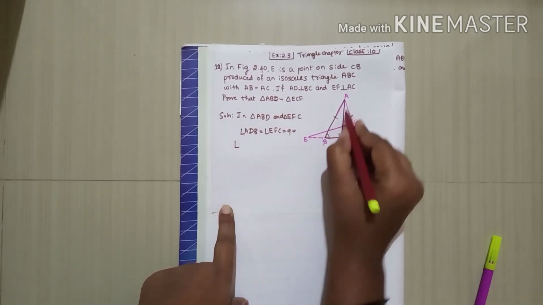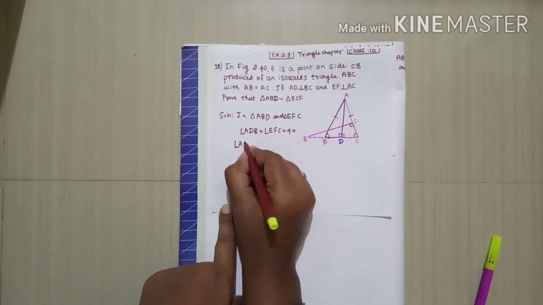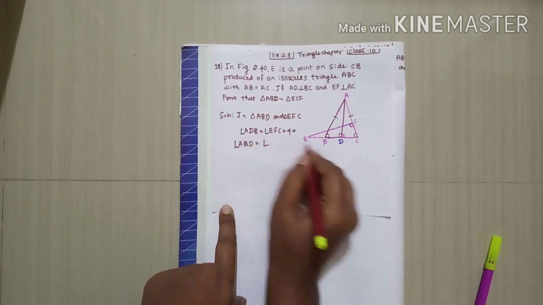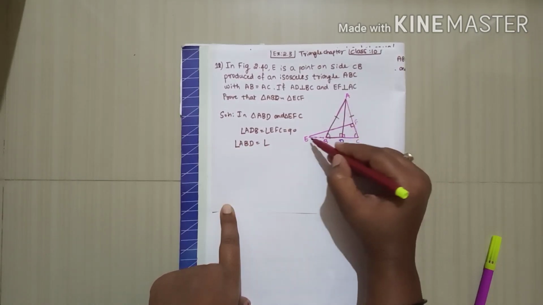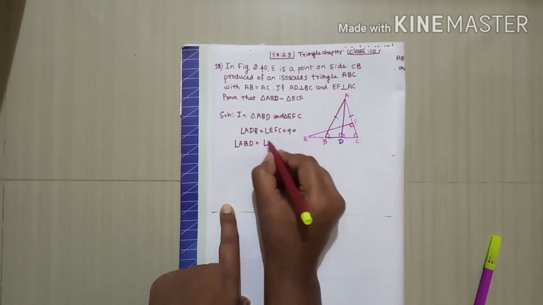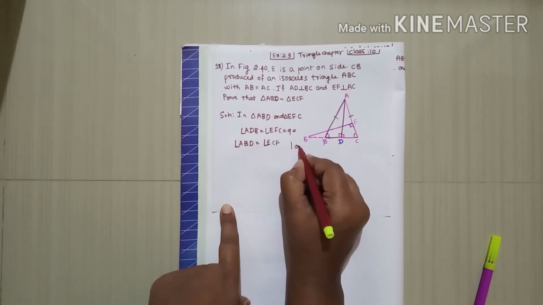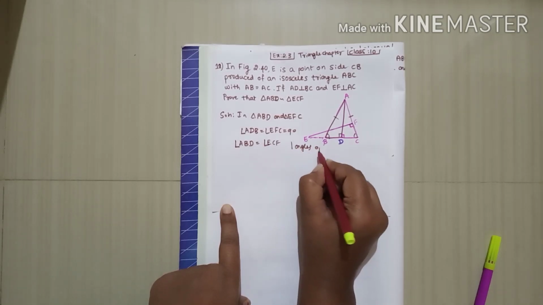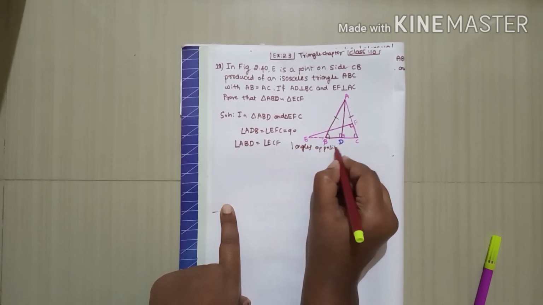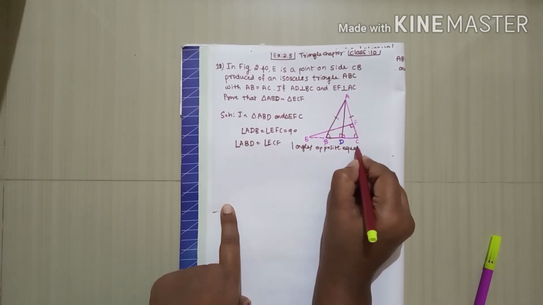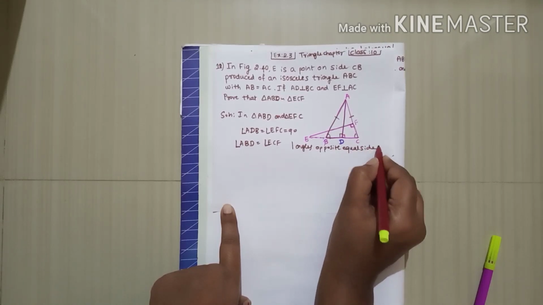So angle ABD is equal to angle ECF. What is the reason for that? Angles opposite to equal sides are equal.